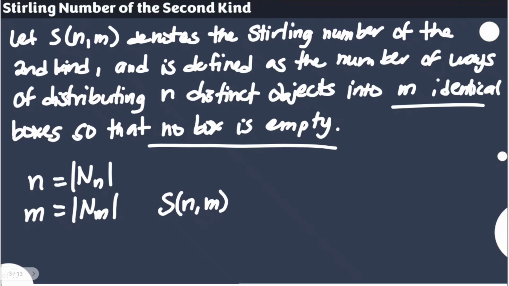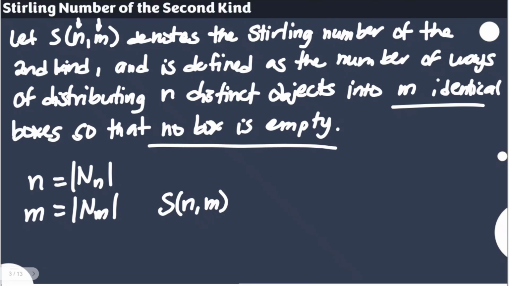It is also known as Stirling number of the second kind because we are to distribute, or separate or partition, the objects in the first set to meet the number of elements in the second set.